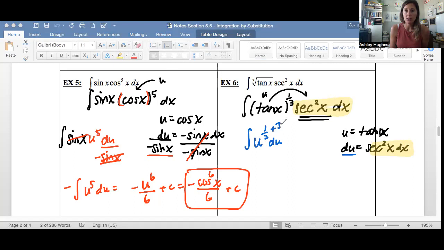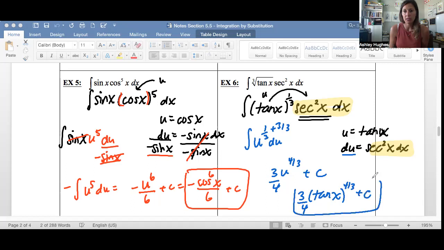So we're going to add 1, so that's like adding 3 over 3. So u to the 4/3, and then that'd be a 3/4 in front. Let's use the 3/4, and then tangent x to the 4/3 plus c.